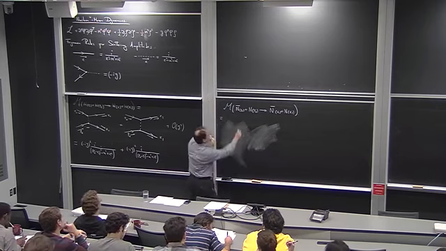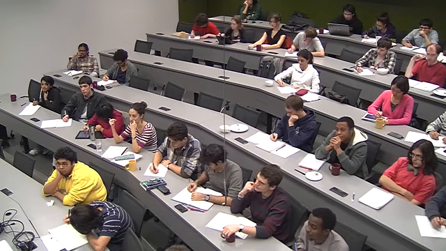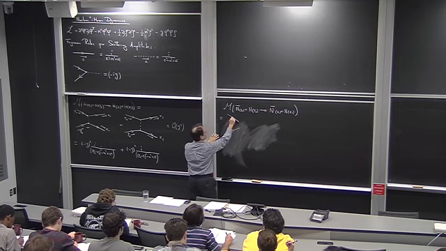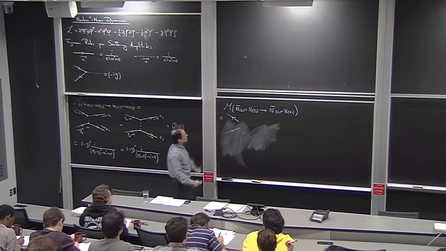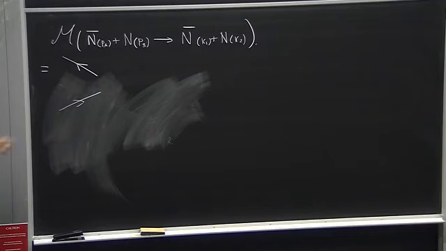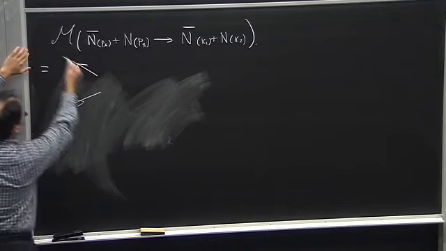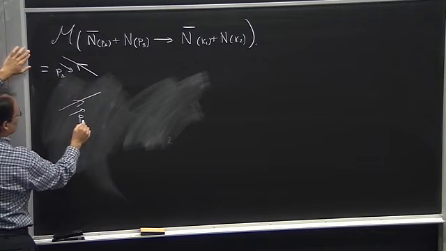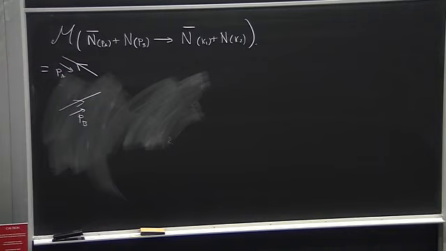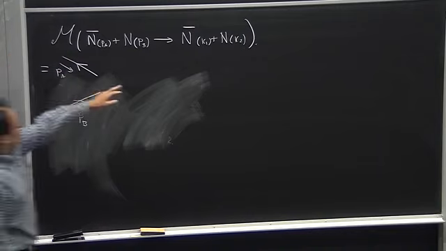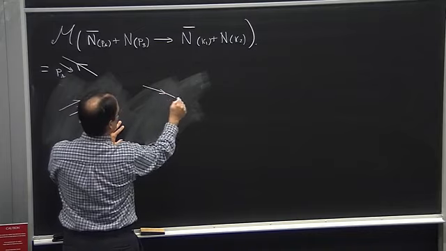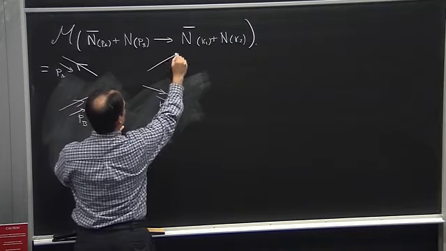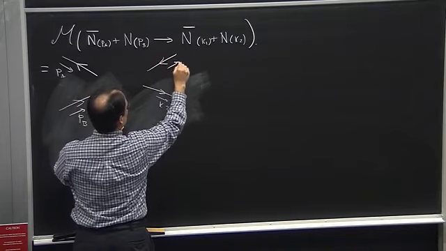Okay, yeah, so for B, we have a line like this. For A, we have a line like this. For the antinucleon, we have a line like that. We still have the momentum PA going in and the momentum PB going in. Now for the guys coming out, we have K2 and K1.